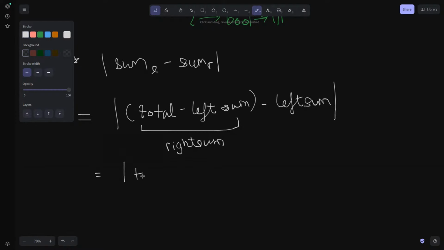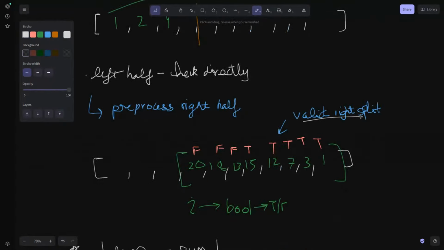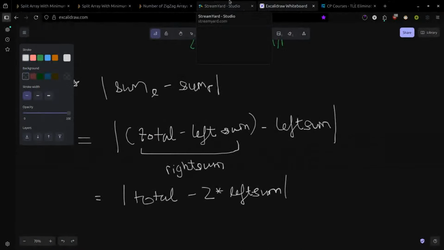So this will be total minus 2 times left sum. Right. So for each position such that the left half is valid as well as the right half is valid, we will update the smallest value of total minus 2 times left sum, right?